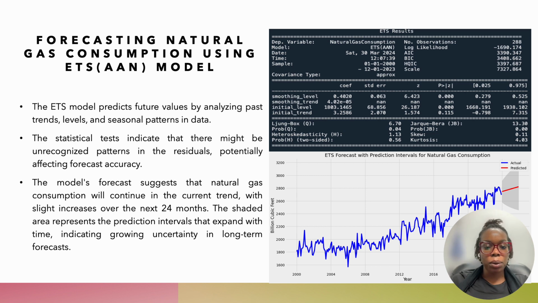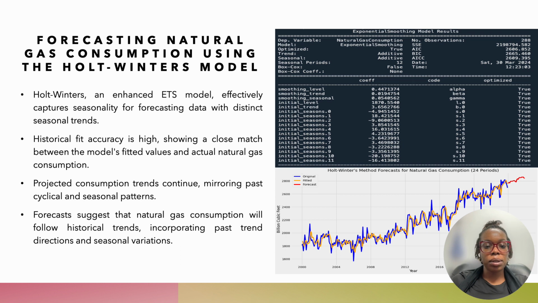The next model we used is the Holt-Winters model. It's basically an enhanced ETS model, which effectively captures seasonality in forecasting data with distinct seasonal trend. The historical fit accuracy is high, showing a close match between model fitted values and actual natural gas consumption.